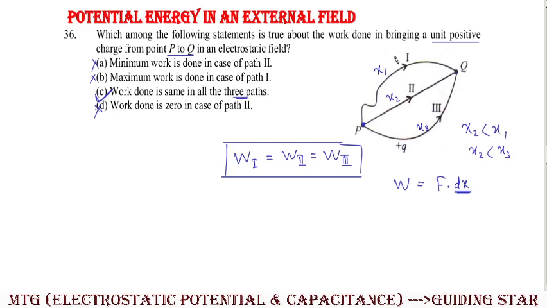So why is it the case? Because here we know that electric field is a conservative force field. Electric field is a conservative force field, just like the gravitational field. Clear?